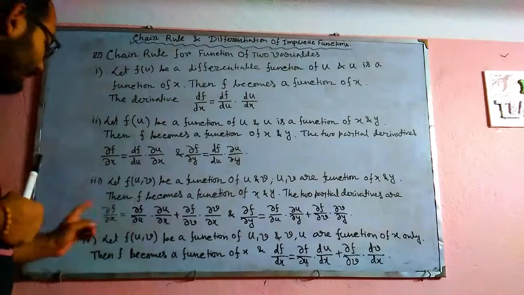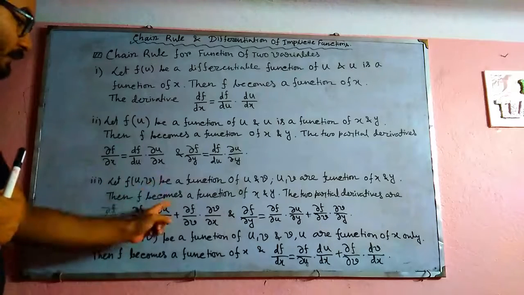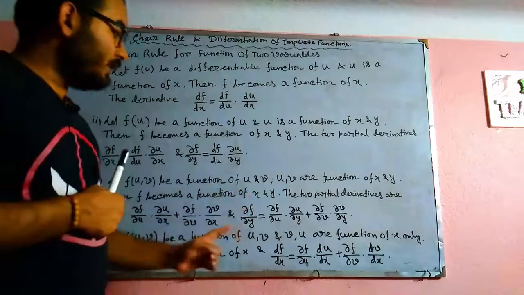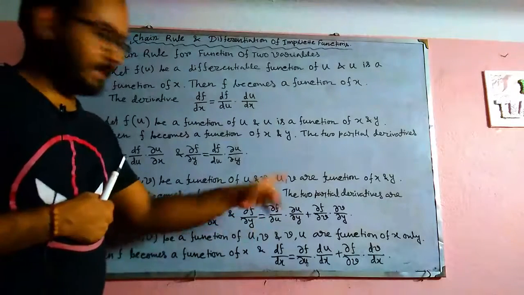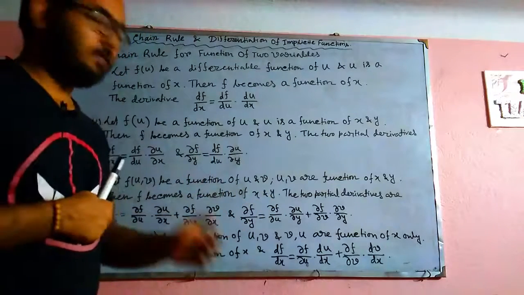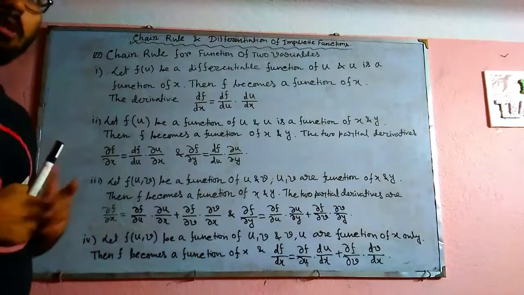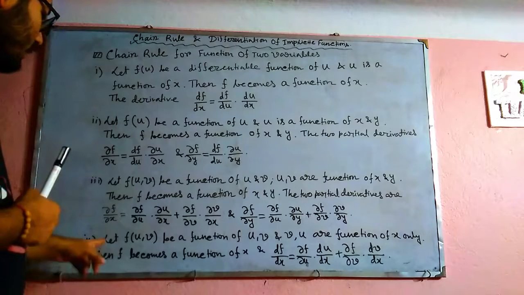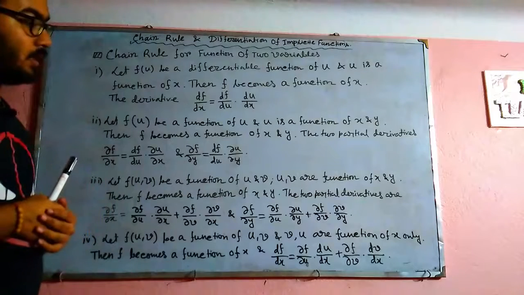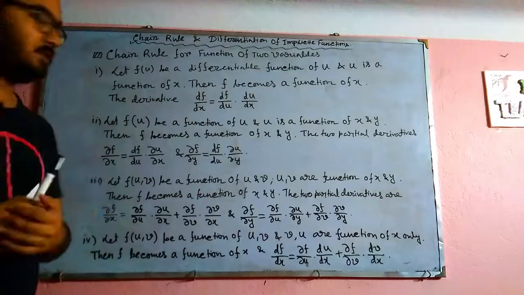So del f/del x is equal to del f/del u into del u/del x plus del f/del v into del v/del x, and del f/del y is equal to del f/del u into del u/del y plus del f/del v into del v/del y. And rule number 4 is: let f be a function of u and v, and u and v are functions of only x.